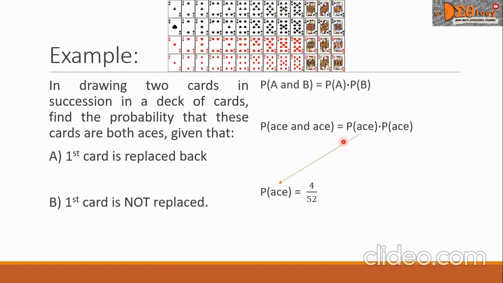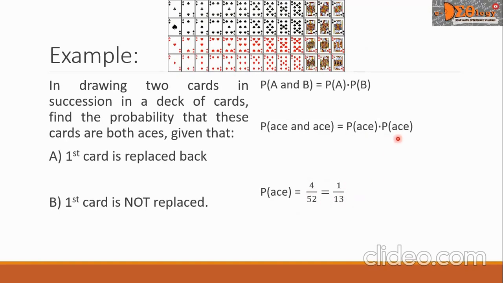So when we take the probability of the first ace, we write 4 over 52. There are 4 aces out of 52 total sample space. And when we simplify, this is equal to 1 over 13.